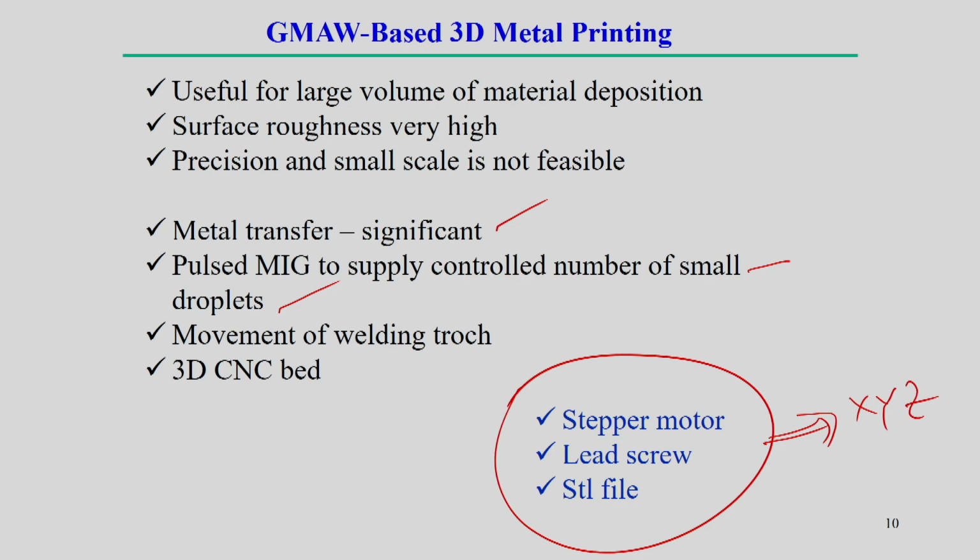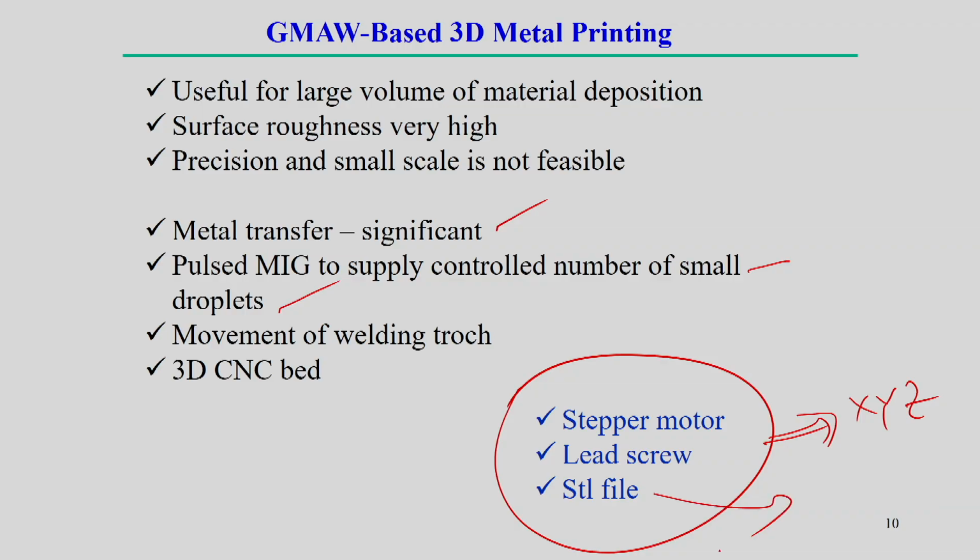So, the welding heat source and metal transfer mechanism is one important aspect. Another aspect is how to move this welding torch along a desired path. Of course, this path can be converted to an STL file.